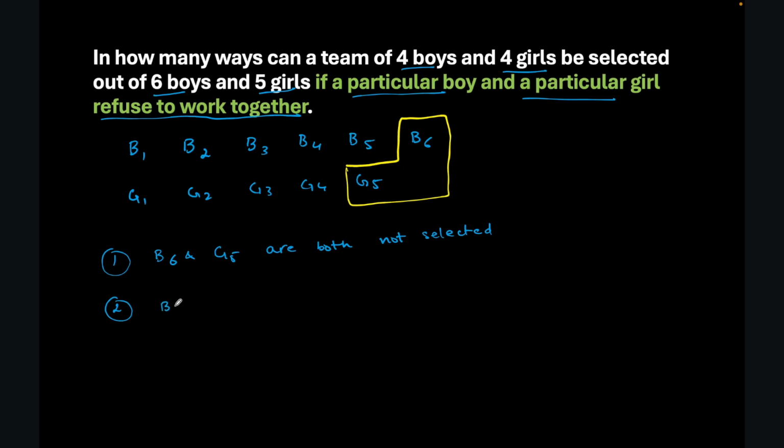Boy 6 is selected, but girl 5 is not. Our third option is the inverse, or the converse, you could say. Boy 6 is not selected, but girl 5 is selected. Super simple, nothing too crazy.